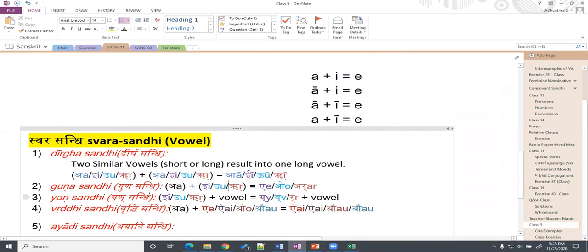The name guna sandhi is coming because these 3 vowels, which are the resultant vowels, and here ar is not a vowel, but it is becoming as a result of akara plus refa. A only is the vowel here, not the refa. So when ra is written without any further vowels, we call it refa, and this we call rukara.